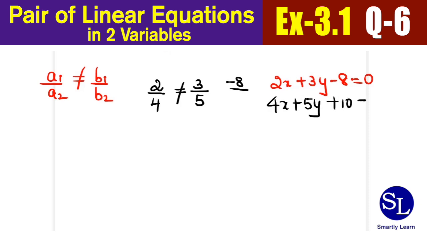So for now, I'm filling that value with 10. So the second equation is 4x plus 5y plus 10 is equal to 0. So if you treat the pair of these equations, 2x plus 3y minus 8 and 4x plus 5y plus 10, they are going to be two lines that intersect each other.